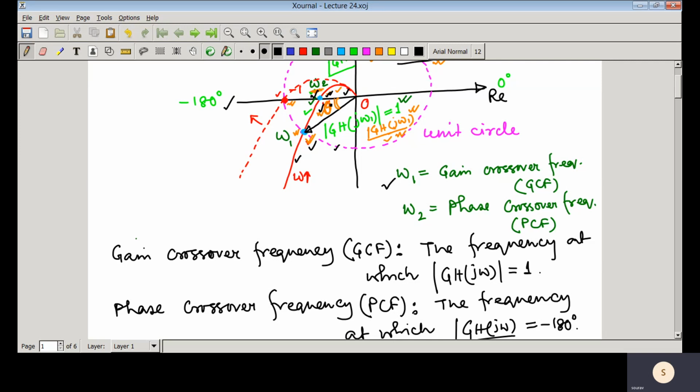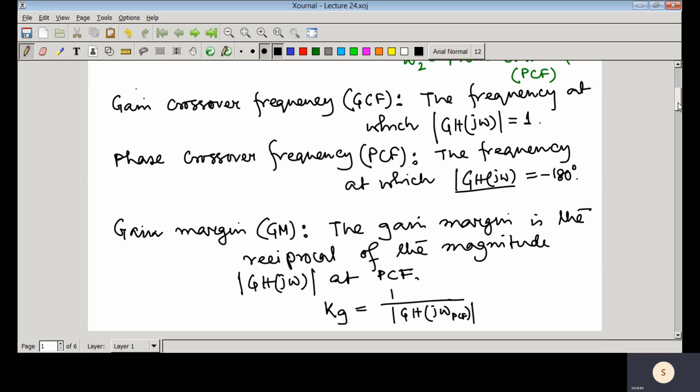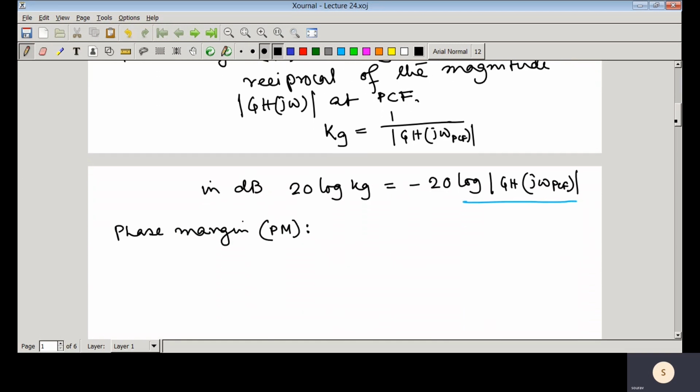If you add that phase to that loop transfer function phase, then that system would come on the verge of instability. That means that extra phase lag tells you, if you add that much of phase lag to that loop transfer function, then that system would be marginally stable. That is, that Nyquist plot will be passing through the critical point.